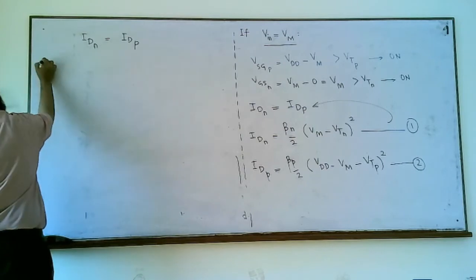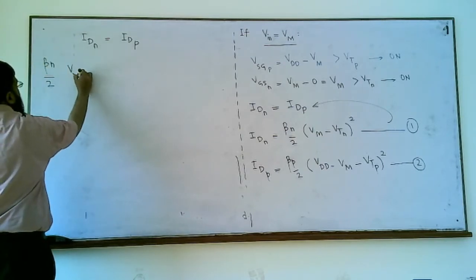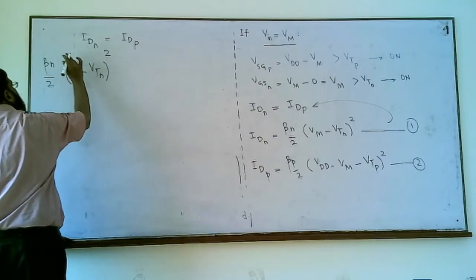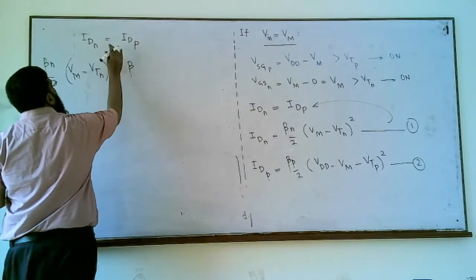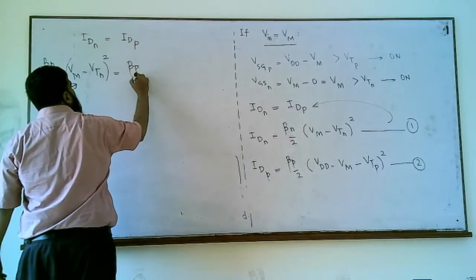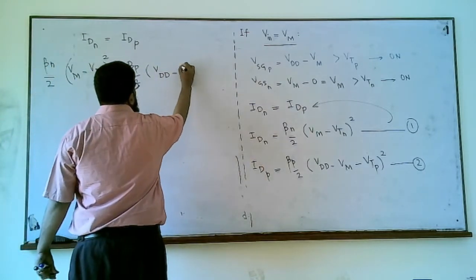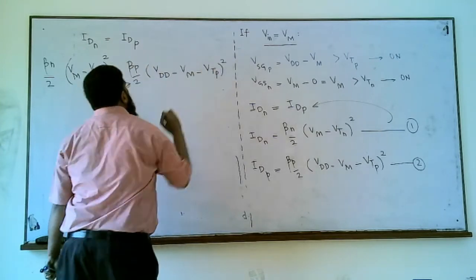So IDN is beta n over 2 times VM minus VTN squared, which is equal to beta p over 2 times VDD minus VM minus VTP squared.